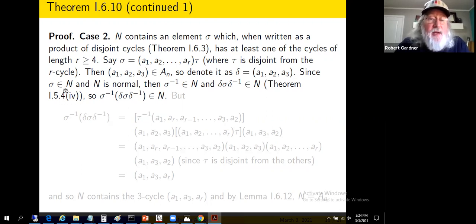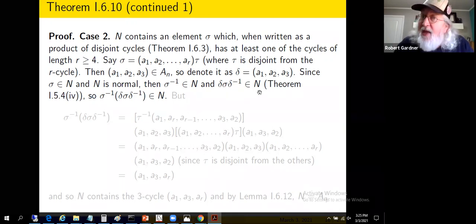We've taken an element delta of A sub n, and we've conjugated sigma, an element of N. Since N is a normal subgroup, this conjugation will be in N as well. Theorem 1.5.4, part 4. If that looks weird to you, you might want to pause the video and read what that one says. It says something of the form, A capital N A inverse is a subset of capital N. And that's what we're using here. This idea is going to play a big role in the computations in these remaining cases. So because of the normality, we get delta sigma delta inverse to be in N.